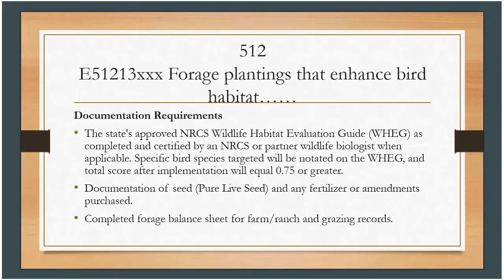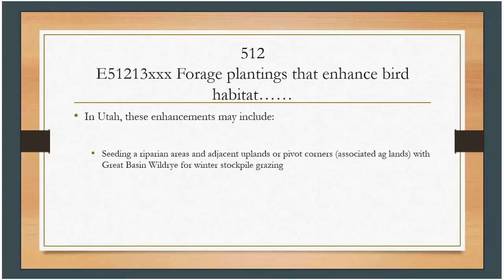To document these, you have to show the WEG, you have to show the after implementation score of 0.75, you have to show all your documentation for the seed that you planted, just like you do anytime you do a pasture planting. And if it's grazed, and it will be since this is on pasture land, you need to show your grazing plan.